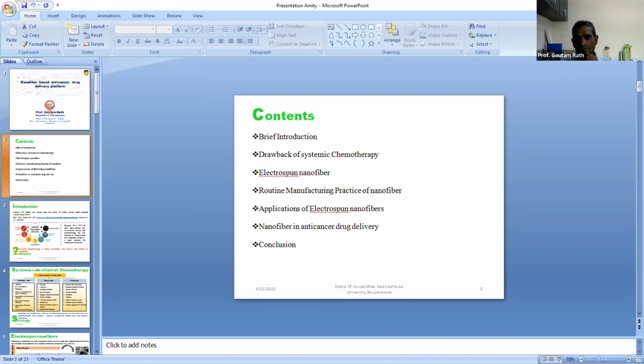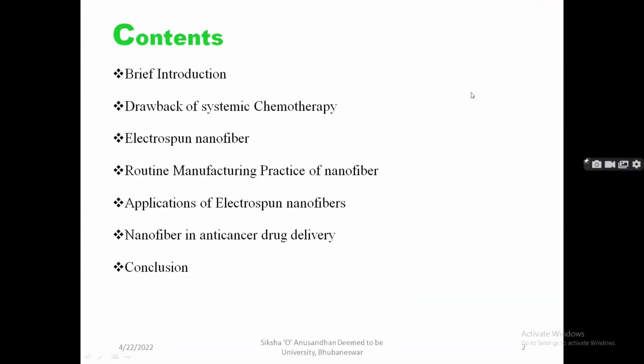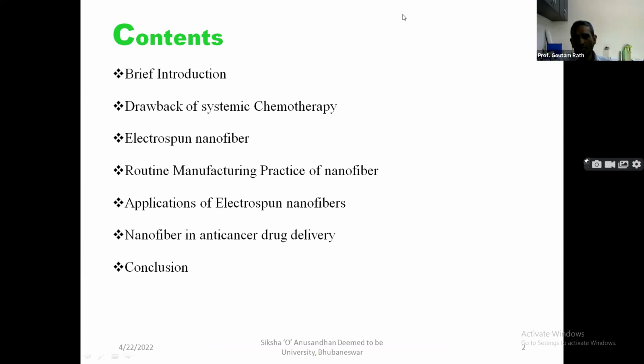Sir Gautam, sir? Yes, sir. Sir, kindly put it in full screen, sir. So it is already in full screen. Sir, it's not in full screen. The voice is not audible, sir. Yes, sir. Is it clear? Okay, sir. You can start, sir. You start with the full screen, sir. Sharing by full screen, sir. Yes, sir. Now it's full screen, sir. Okay, fine.